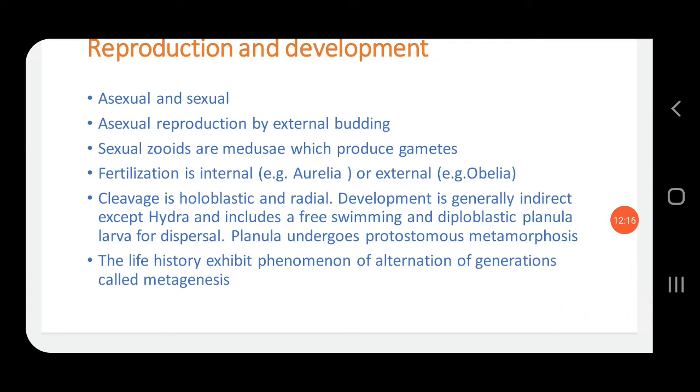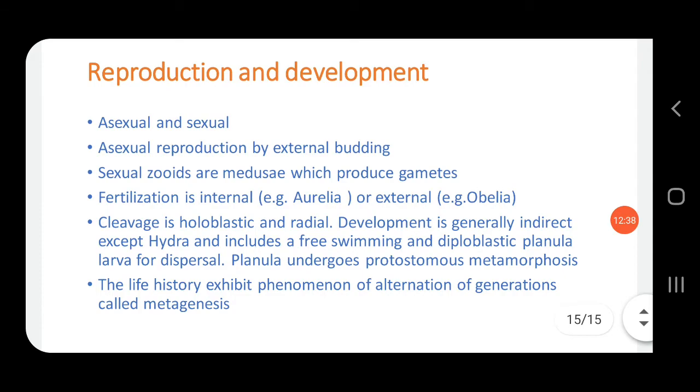Cleavage is holoblastic and radial. Development is generally indirect, meaning it contains larval forms. Planula larva is there, and their life history exhibits the phenomenon of alternation of generation, which we know as metagenesis.